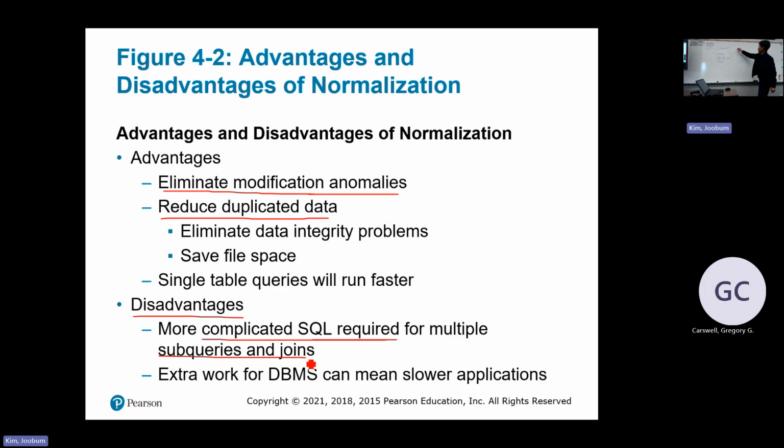But if we have multiple tables like that, we have to join to find the correct data. And in terms of performance, if we have multiple join operations, the performance will decrease. So that is the disadvantage of normalization.